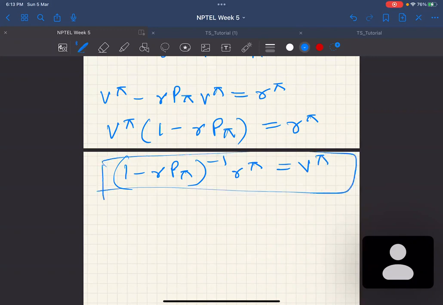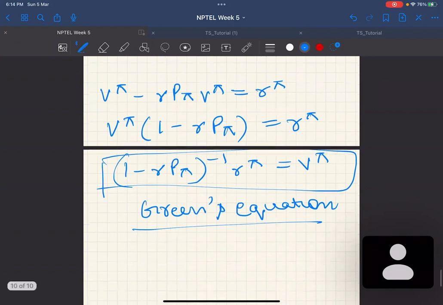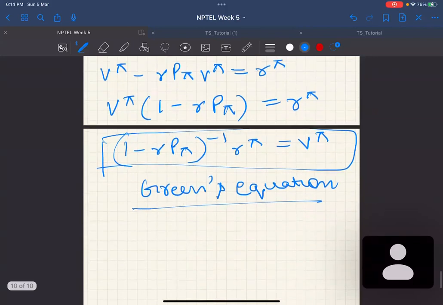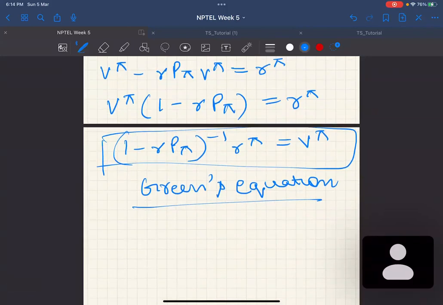This is basically V pi. This is also called the Bellman equation. P pi is a stochastic matrix, I told you. And here, this is basically invertible.